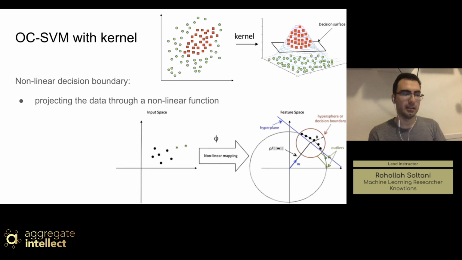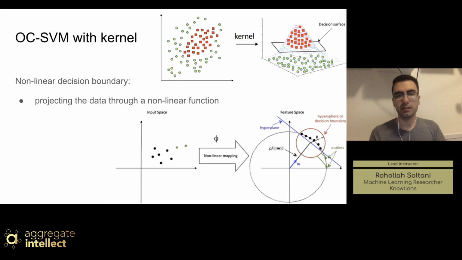That means that data points which cannot be separated by a straight line in the original space are lifted to a feature space where there can be a straight hyperplane that separates the data points. By using different nonlinear functions, it can be polynomial, it can be RBF, it can be any kind of function. They usually use RBF. Then you can map it to a different space where you can easily separate them.